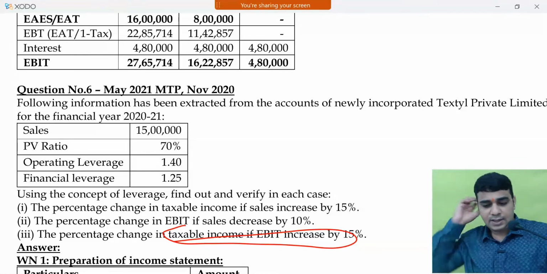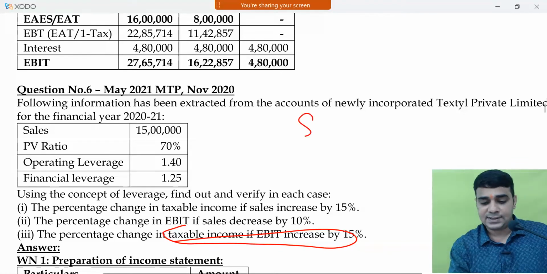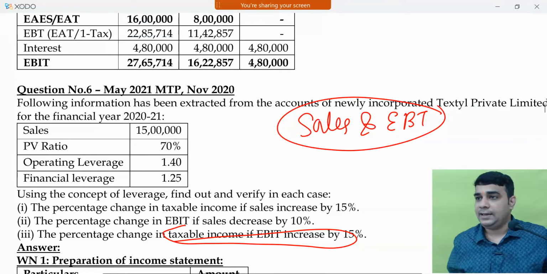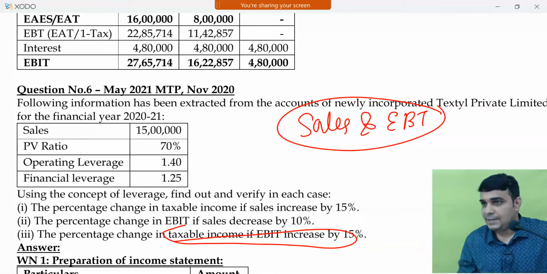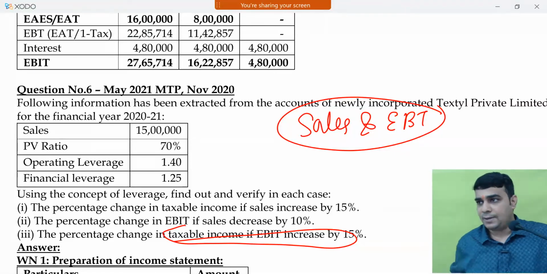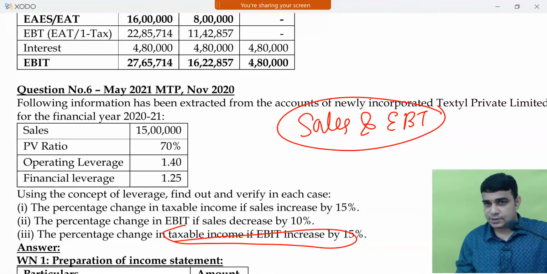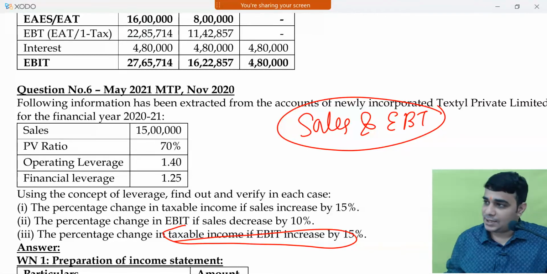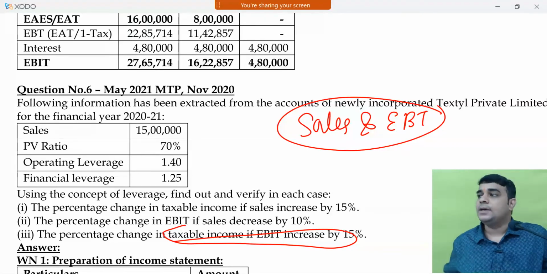Can you think and tell me, sales and EBT are linked with which leverage? Combined leverage. EBT is basically EAT, which is basically earnings available to equity shareholders. So whatever is the percentage change in earnings per share, the same percentage change is going to happen in EBT.